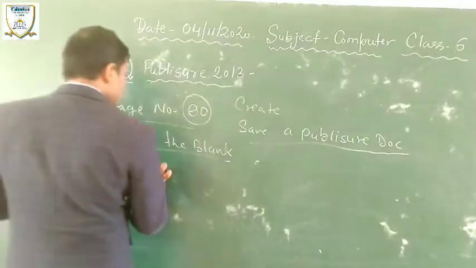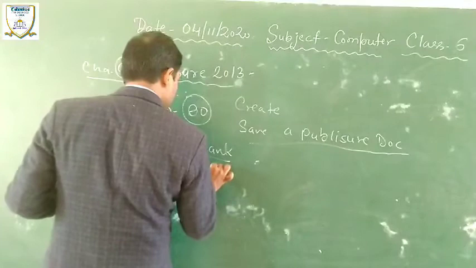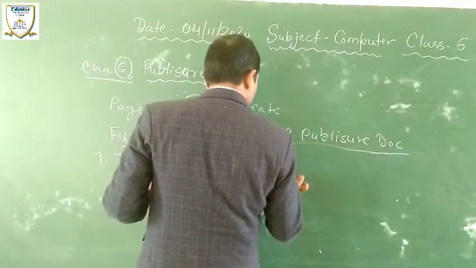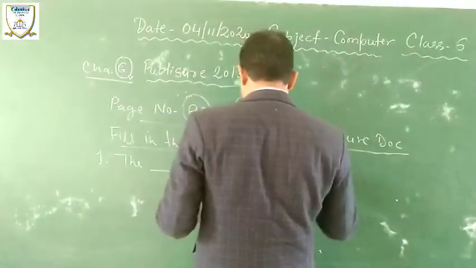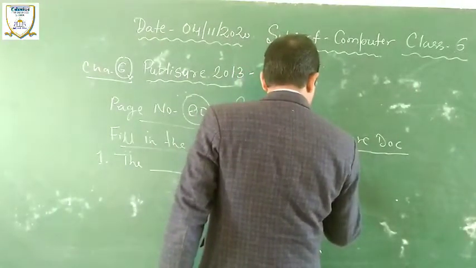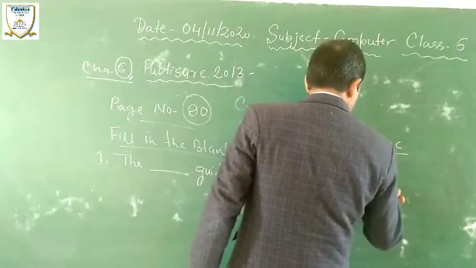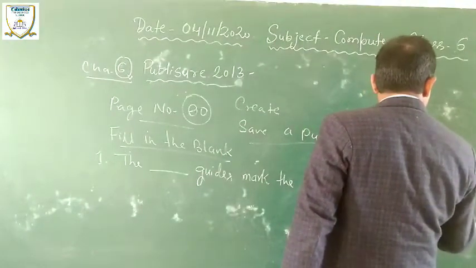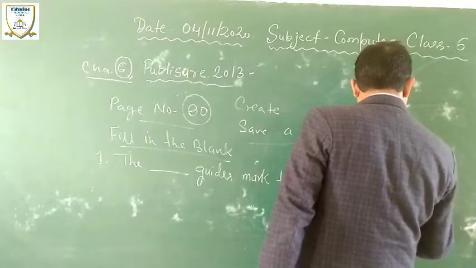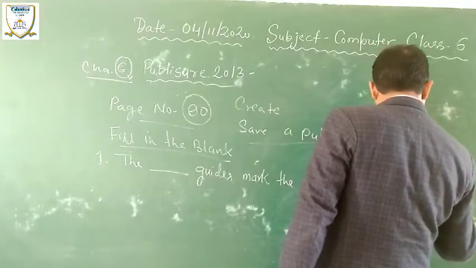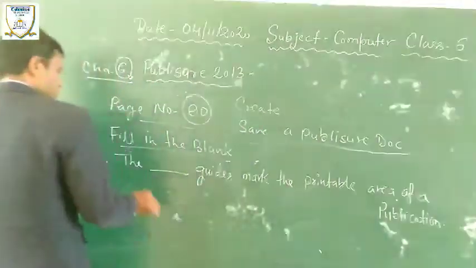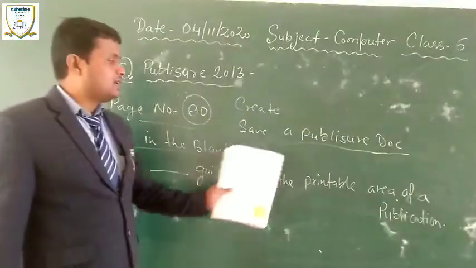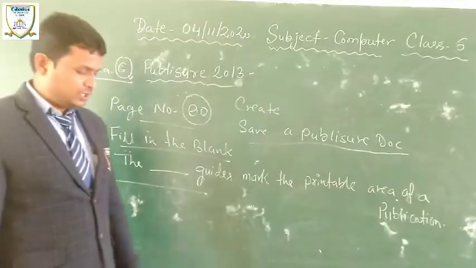So the first is: the dash guides mark the printable area of a publication.